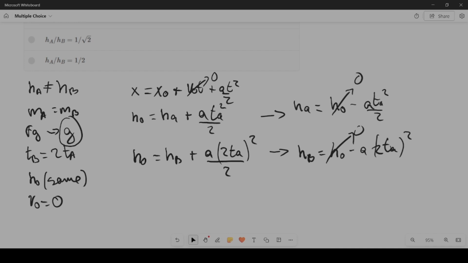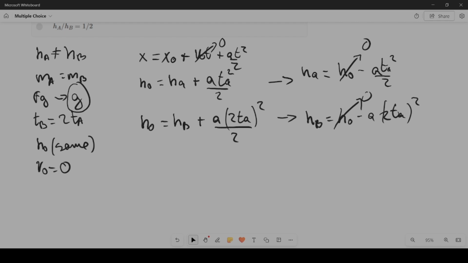And now we just need to make the ratio, right? So they're asking about h of A over h of B. So h of A over h of B is dividing those two equations. We get negative a times tA squared over 2, over negative a times (2 tA) squared over 2.